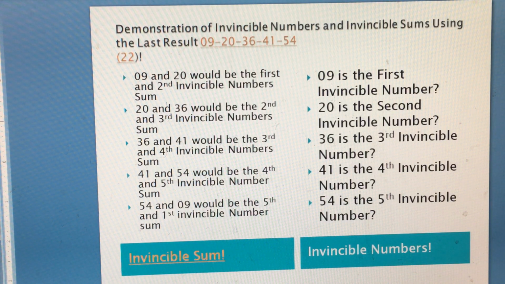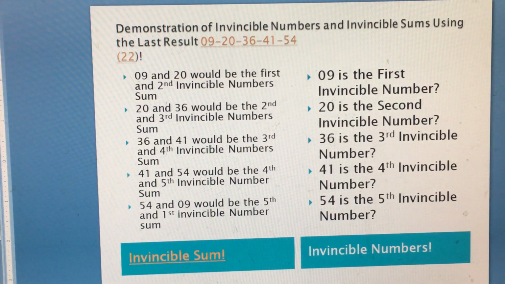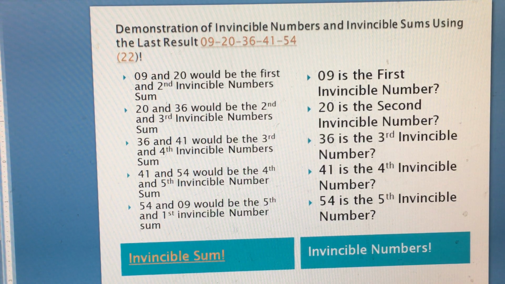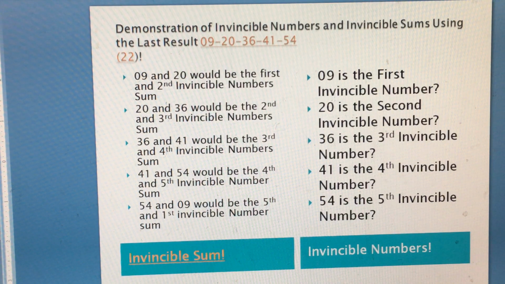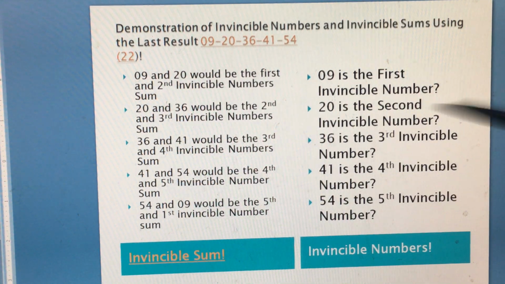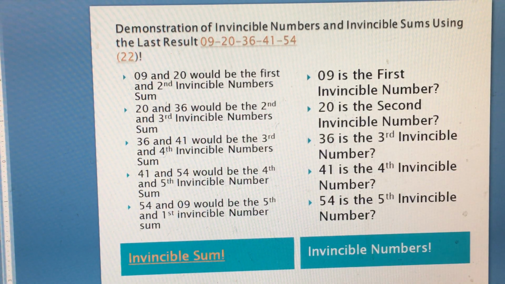Now a demonstration using the last result: 9 and 20 will be the first and second invisible numbers. 20 and 36 would be the second and third. 36 and 41 would be the third and fourth. 41 and 54 would be the fourth and fifth invisible number sum. And 54 and 09 would be the fifth and first invisible number sum.